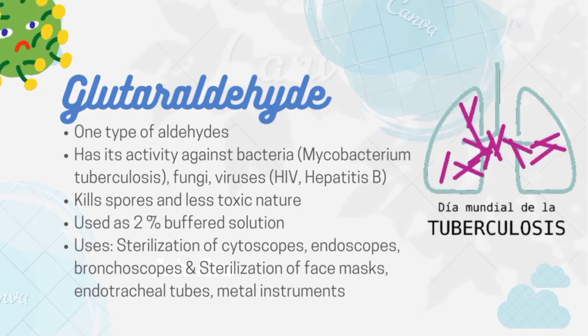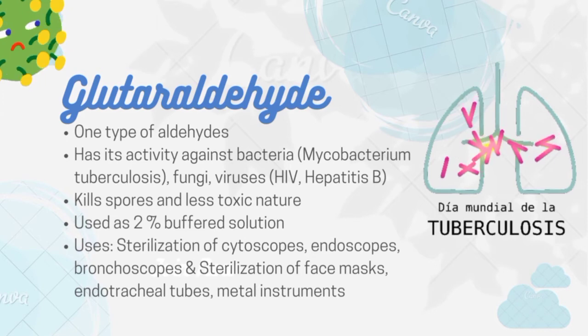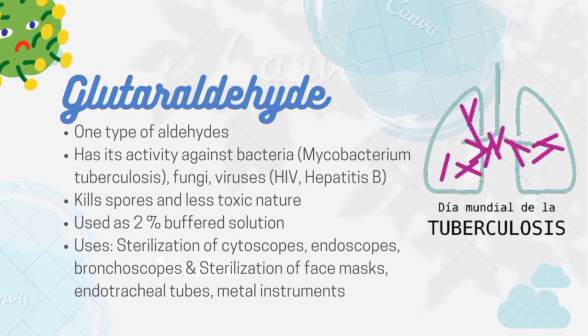Glutaraldehyde is used for the sterilization of cystoscopes, endoscopes, bronchoscopes, and also face masks, endotracheal tubes, and metal instruments.